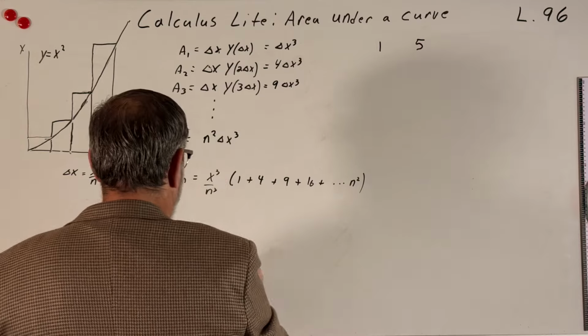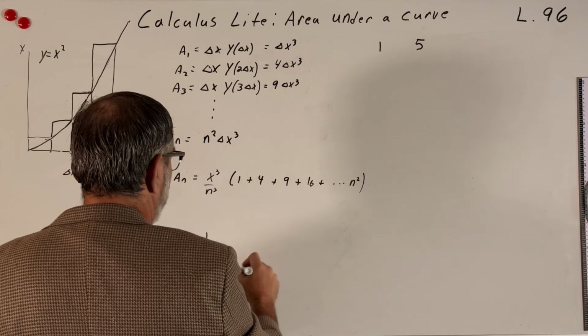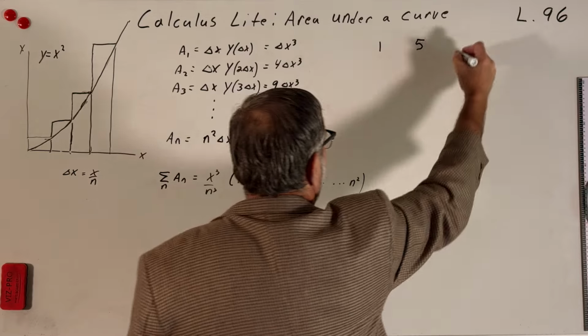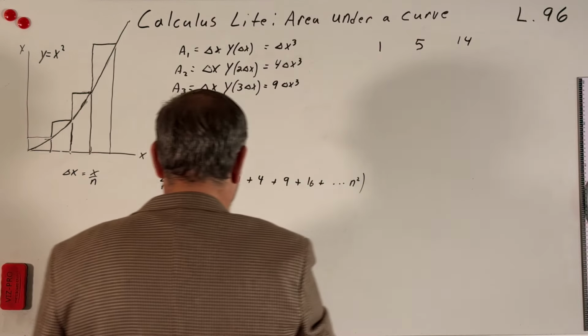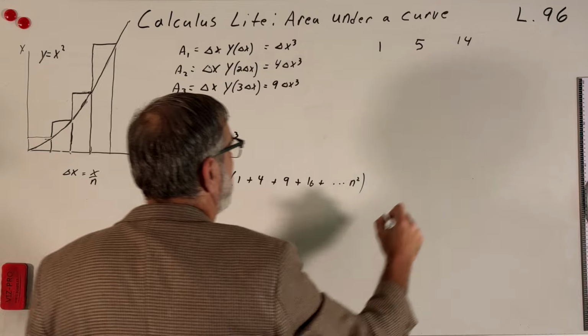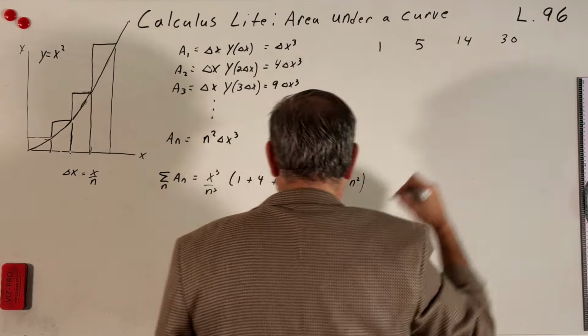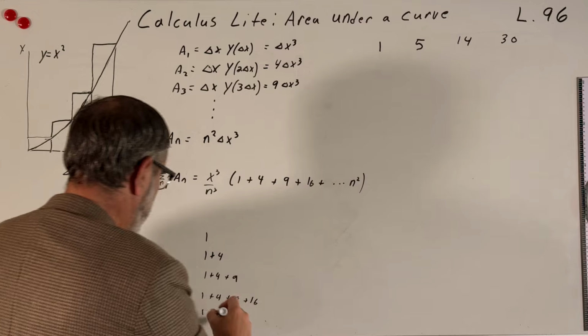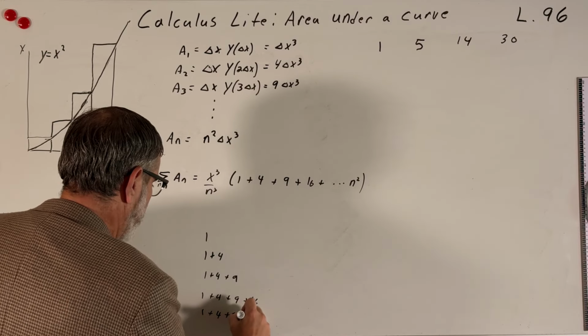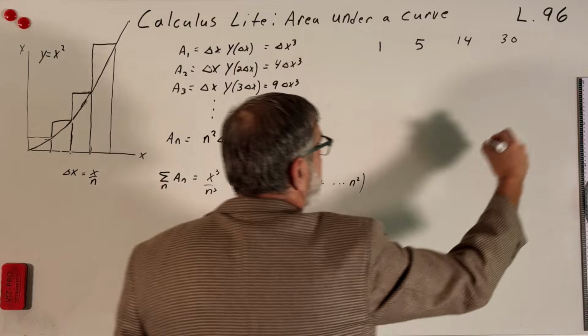And then the next one is 1 plus 4 plus 9, so that gives us 14. And then 1 plus 4 plus 9 plus 16. Well, 16 plus 14 is 30. And then 1 plus 4 plus 9 plus 16 plus 25 is the next square number. And 25 plus 30 is 55.